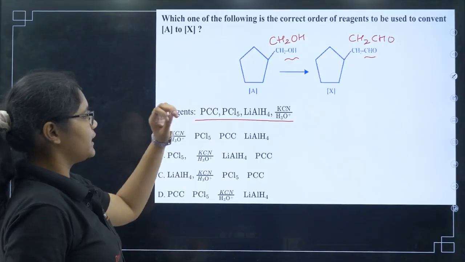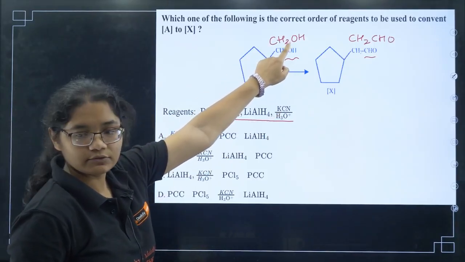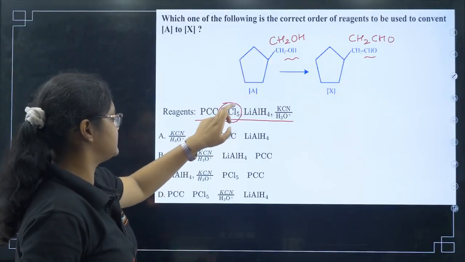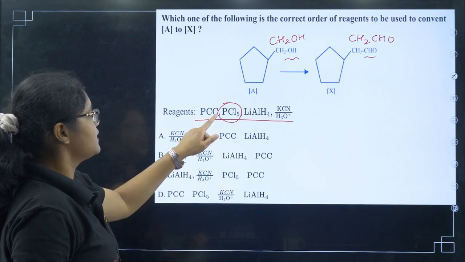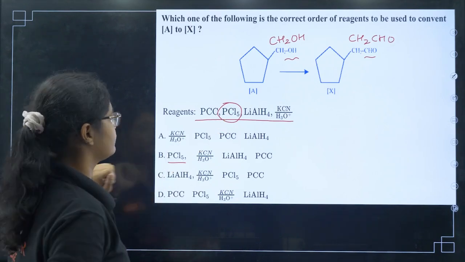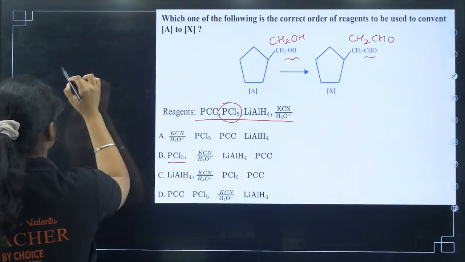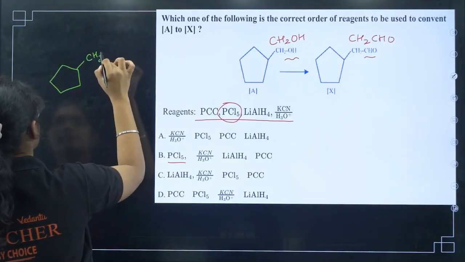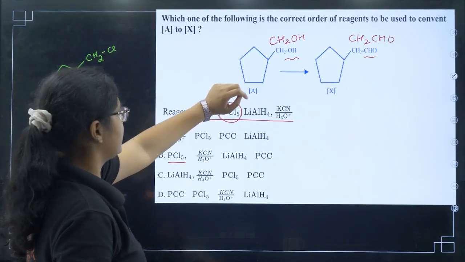So first of all, KCN is definitely there, but I cannot add KCN directly to this one. I should convert it to alkyl halide, right? So I will use PCl5 first. I have only one option with that, but let's see. After PCl5, I will get the alkyl chloride. Next I will get KCN.